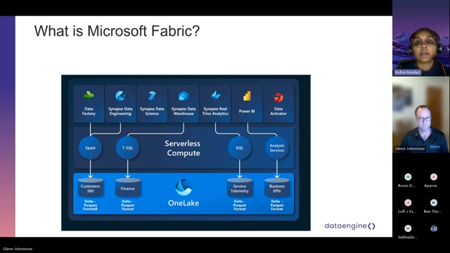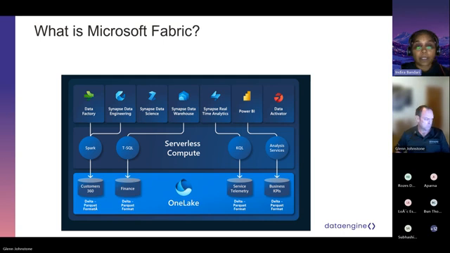And they built Microsoft Fabric as a software as a service platform. Here, if you see, the data factory and Synapse data engineering can be run with Spark, and the sources can be in a source called OneLake. You can think of OneLake as OneDrive for business. So OneLake is the storage platform for Microsoft Fabric.